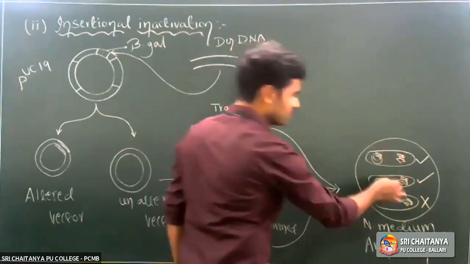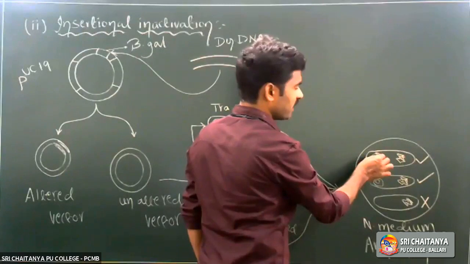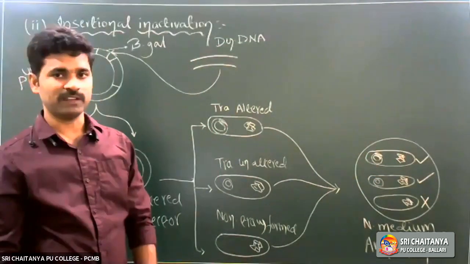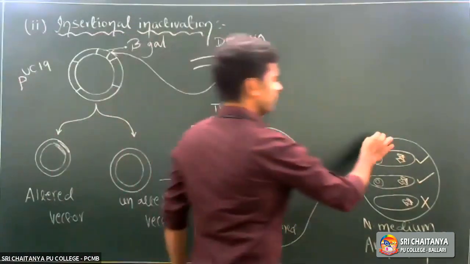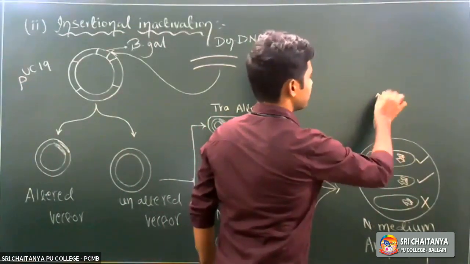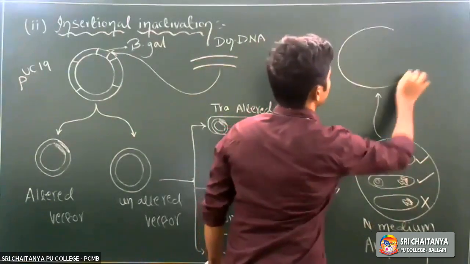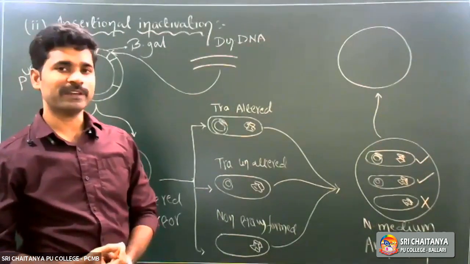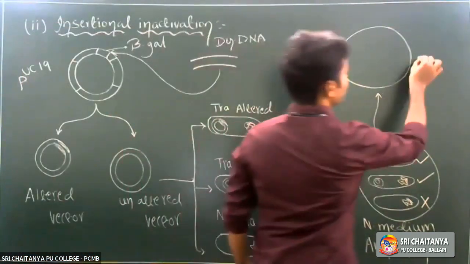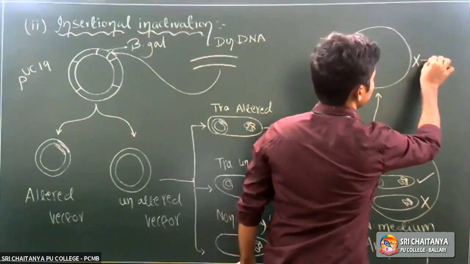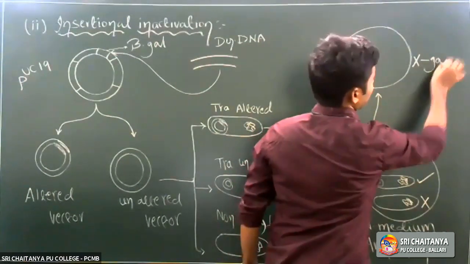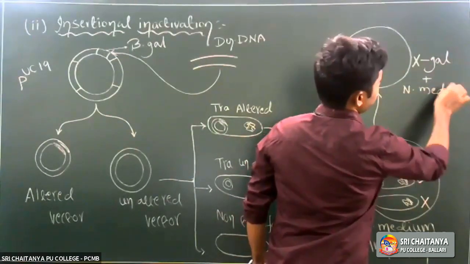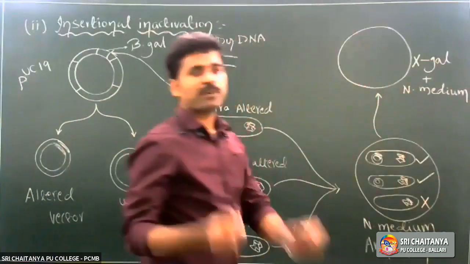But in these two bacterial cells, which type do we require? The recombinant bacteria containing transformed cell, right? Then the two types of bacterial cells are transferred to another Petri plate which contains X-gal chemical substance. So what is X-gal? It is a chromogenic substance, plus nutrient medium.